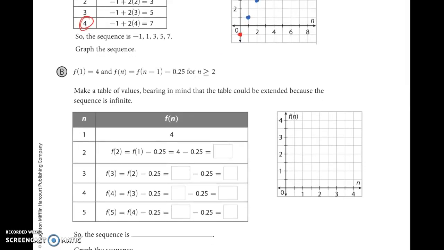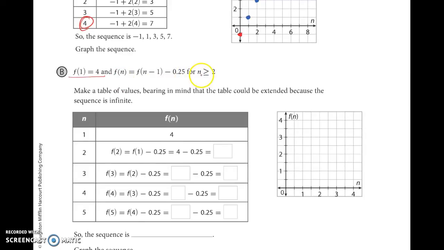For part B, it says f sub 1 equals 4, and f of n equals f of n minus 1 minus 0.25. So this one is recursive, right? We start with our first term, and we're going to use the previous term in order to get the next term.